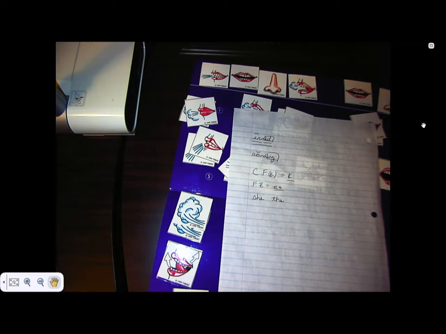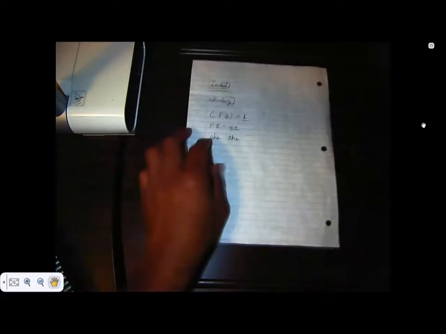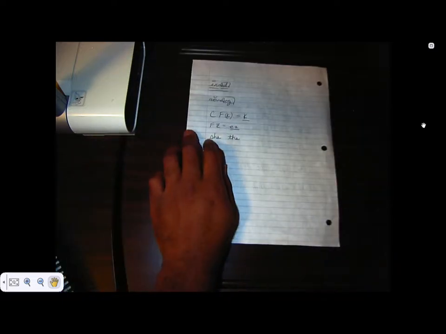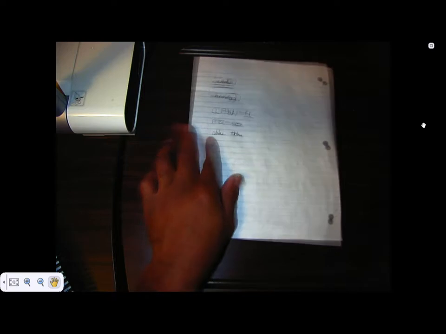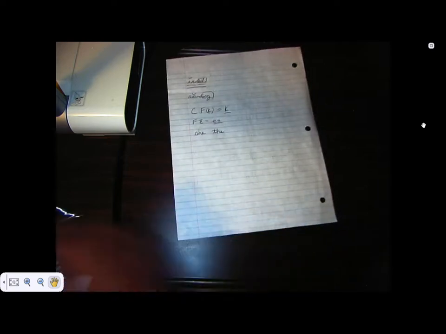As you are writing your sentence, don't forget that your sentence should start with a capital letter. Don't forget that your sentence should end with some sort of punctuation. Okay.